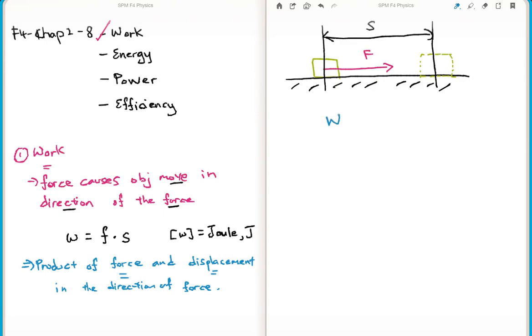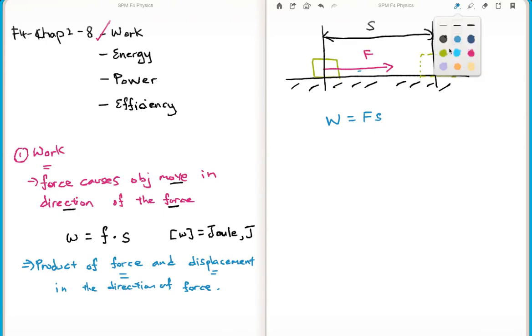Work done is equal to F dot S. In this case, the direction of force to the right is parallel to the distance it has traveled, or the displacement it has moved. The object moved from left to right, and the direction of force is also from left to right. This is for starters.